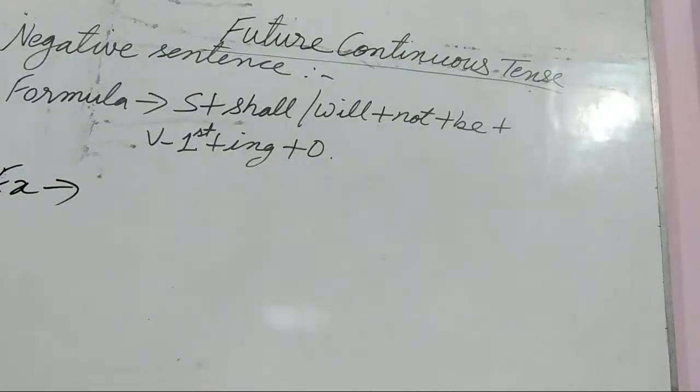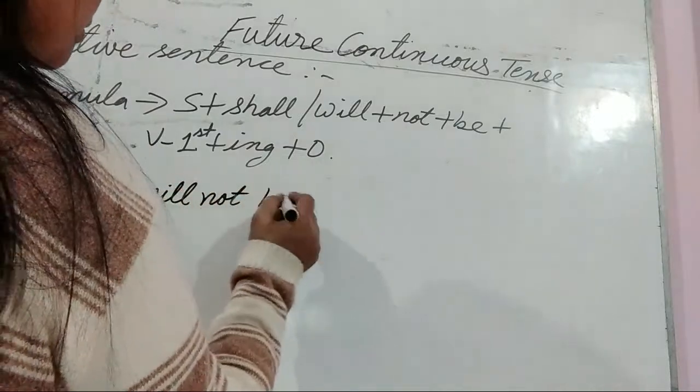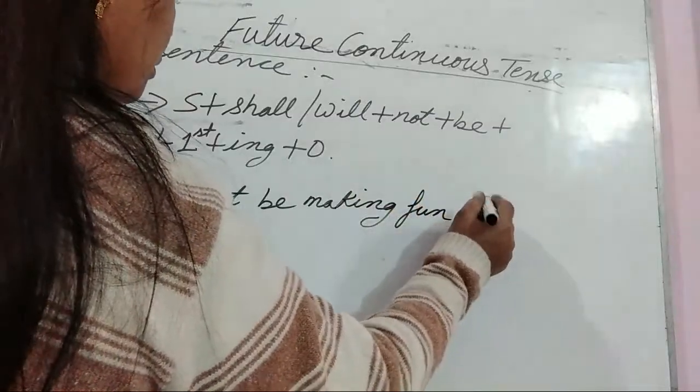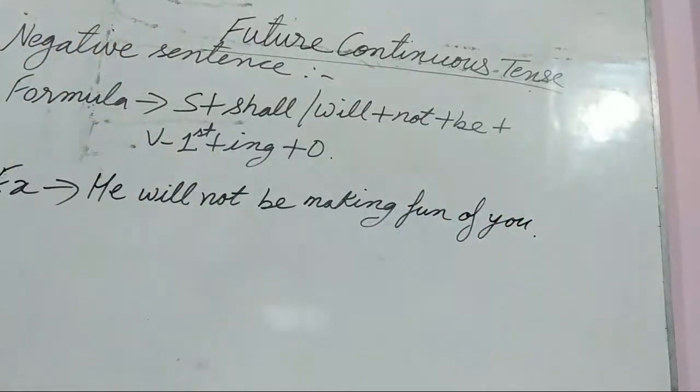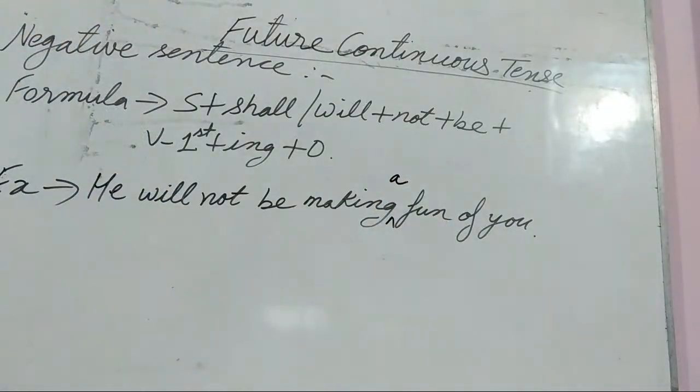The example related to the negative sentence in future continuous tense is: he will not be making fun of you.